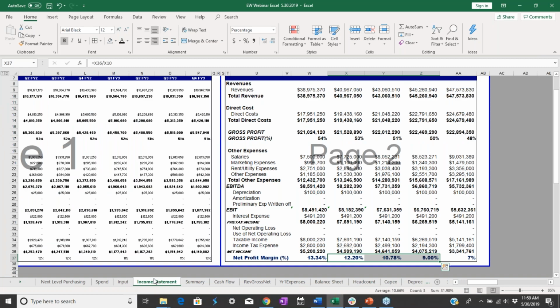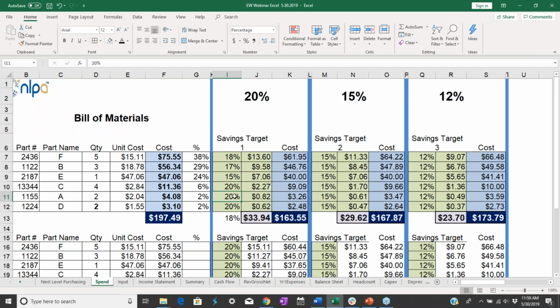I want to bring something to your attention. So we see here we have a 13.34 with this setting. Okay, so let us say all we could realize on part C is a 10% cost reduction.